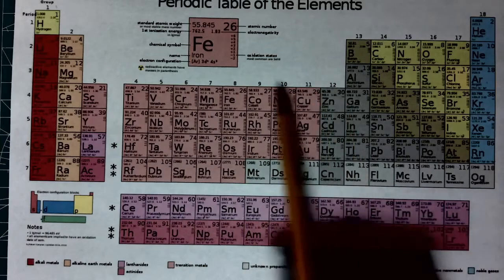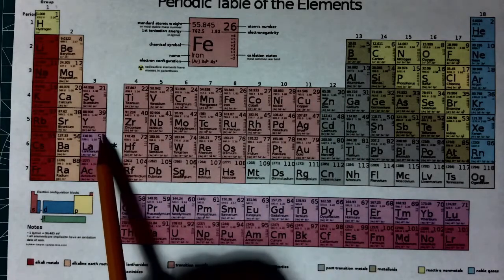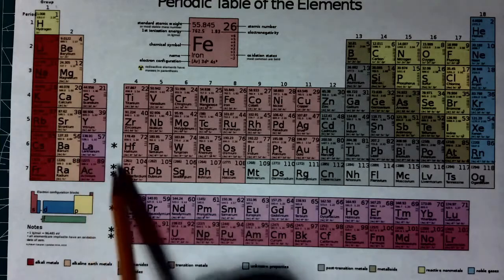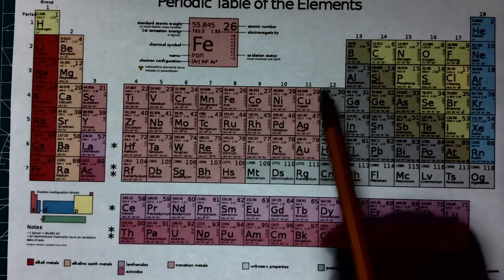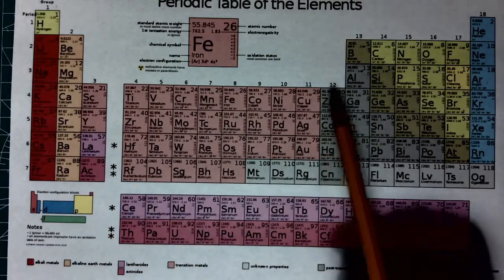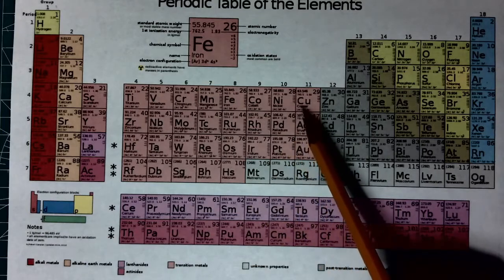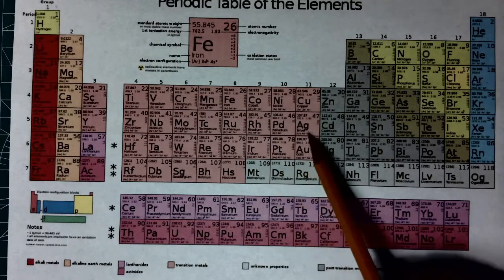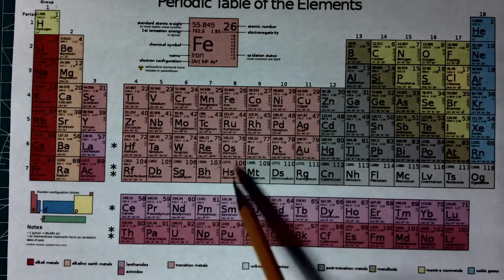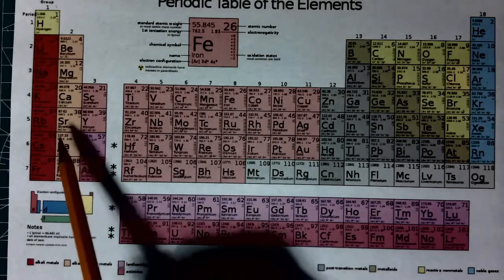All the ones from here over to Scandium over here and down are what are known as the transition metals, and they have properties very similar to what you would think of when I say the word metal. There are many very familiar ones in here, like copper, zinc, nickel, gold and silver. We're familiar with these as metals.